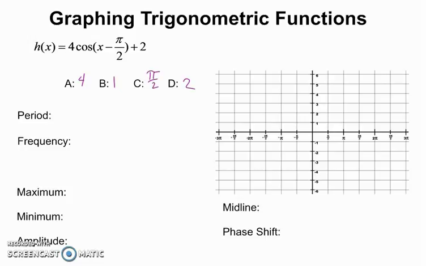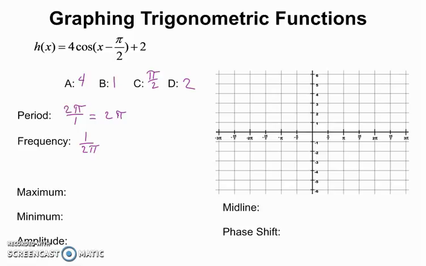And D is 2. And so that means my period is going to be 2 pi over B, so in this case 1. And then my frequency is the reciprocal, so 1 over 2 pi.